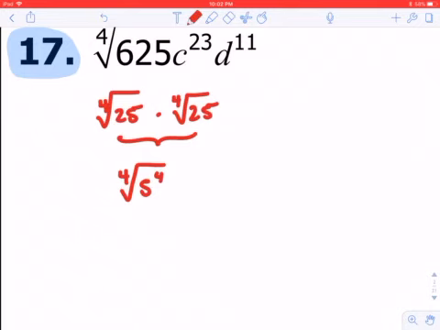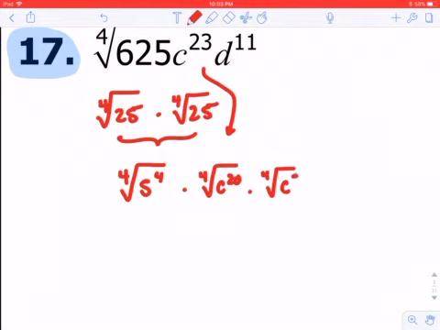But next up, I have c to the 23rd. So I'm going to break this one up as something that's, obviously I know 20 is divisible by 4, so I'm going to go the 4th root of c to the 20th, and then I'd have 3 left over. So it's going to be times the 4th root of c cubed. And then same thing in my d to the 11th.